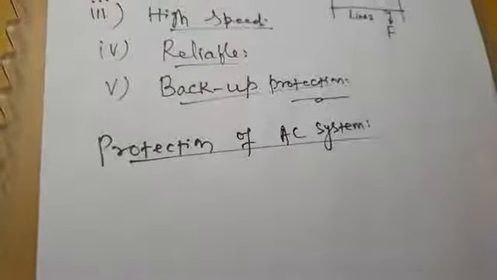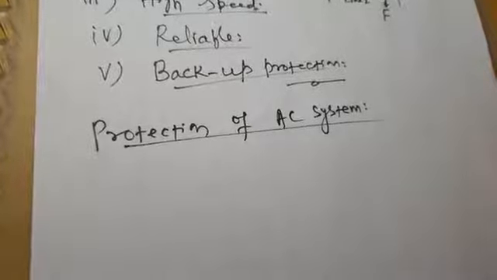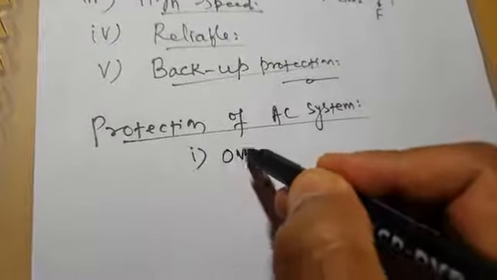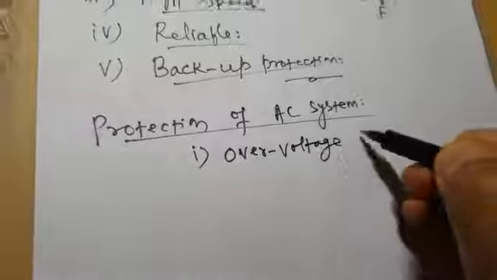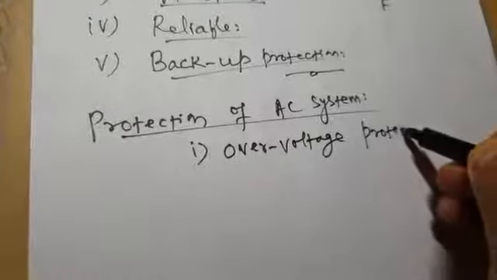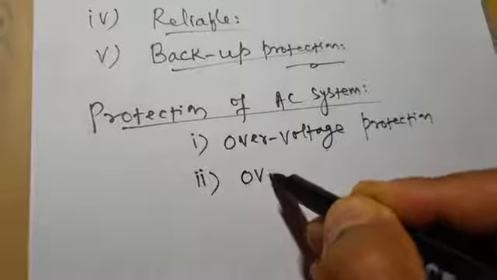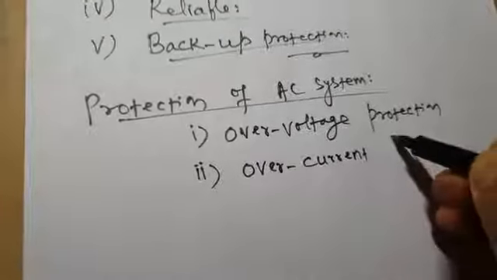Now you have to provide protection of AC system against various abnormalities. You have to provide overvoltage protection, and you have to provide overcurrent protection also on the AC side.